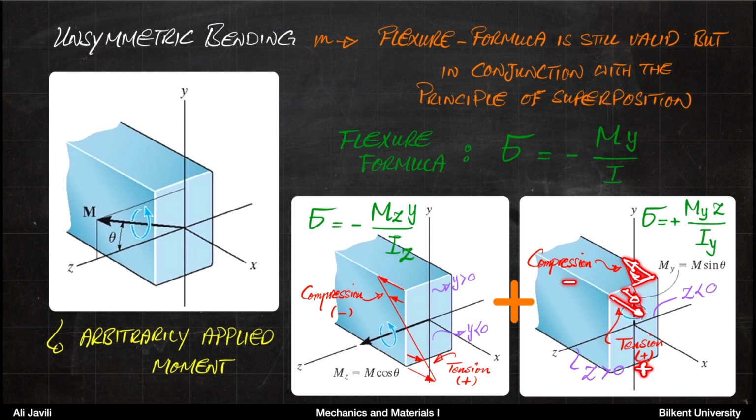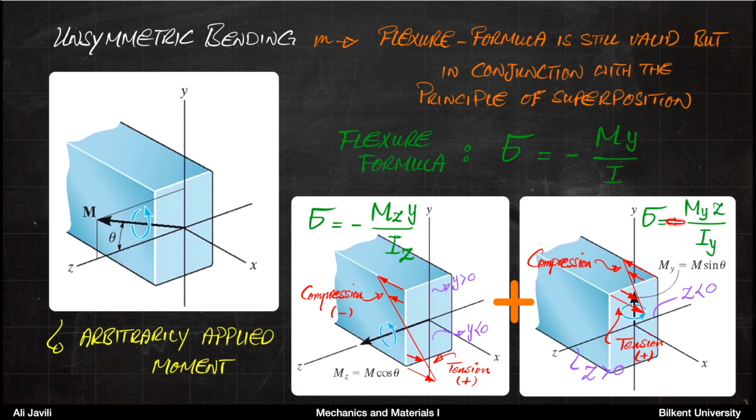But you can also see that on the side where stress is compressive, z is less than 0, and on the side where stress is tensile, z is also positive. This is different from what we had here. So that tells you that when you use the flexure formula, you no longer need the minus sign.